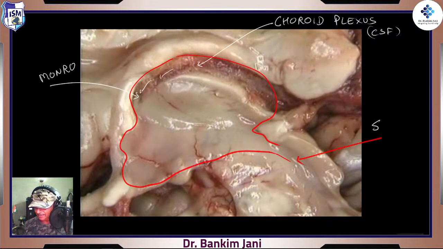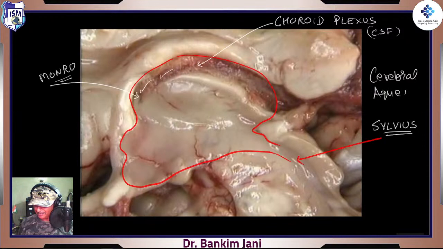Now they have become like our friends: Monro, Sylvius, Magendie, Luschka. But do speak in the exam, cerebral aqueduct of Sylvius also, and that is the interventricular foramen, you know that. And this one is the third ventricle.